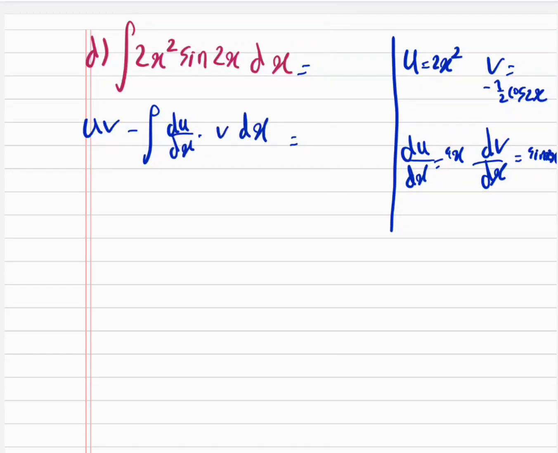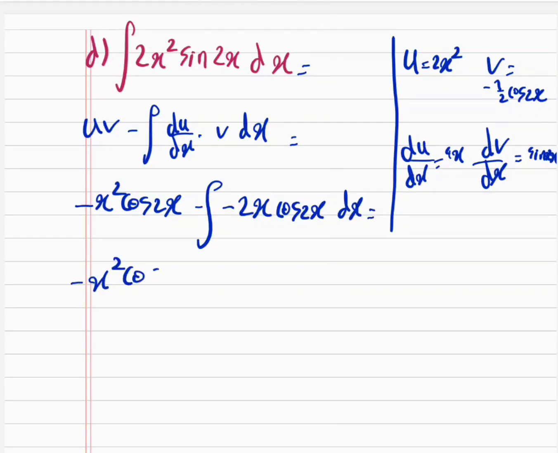So uv in this case is 2x squared times minus a half cos 2x, which is minus x squared cos 2x, minus, now du by dx is 4x, and 4x times v is minus 2x cos 2x dx.